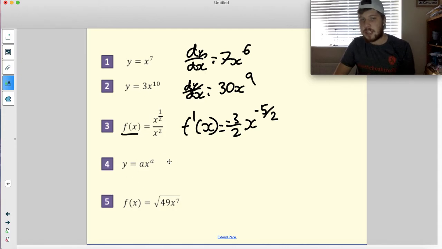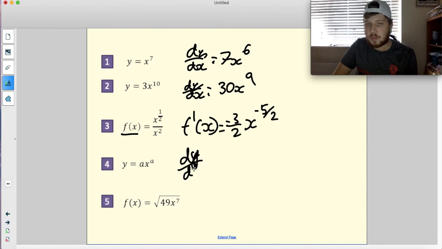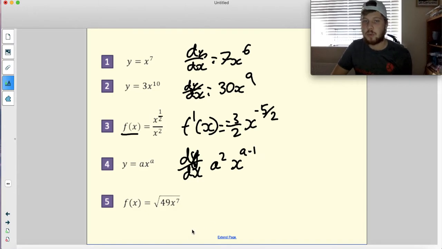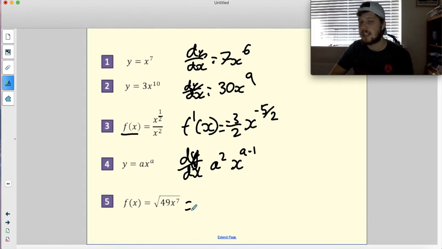For this one here, we multiply by a, so it's going to be a squared lots of x to the power of a subtract 1. And lastly, 49x to the 7: I want to first of all rewrite this into a form which I can deal with.